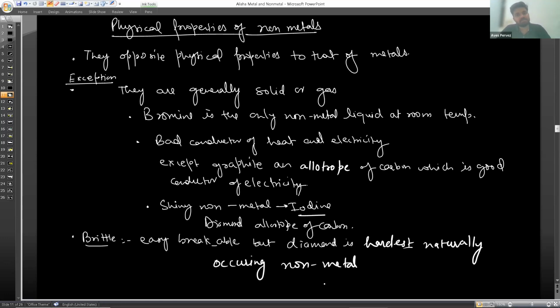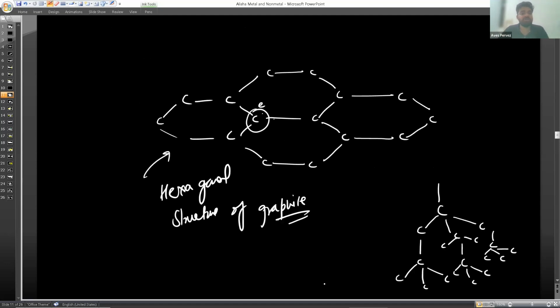For example, the same element carbon exists in the form of graphite, coal, and diamond. They are all carbon, but due to different arrangements of carbon, the pattern is hexagonal in graphite but tetrahedral in diamond. Because of this, their physical properties like melting point and electrical conductivity change.